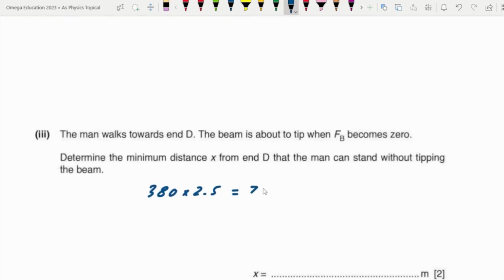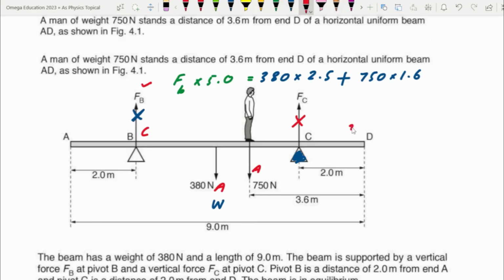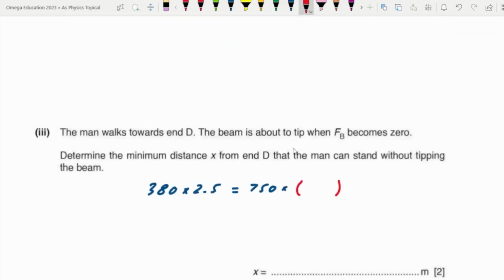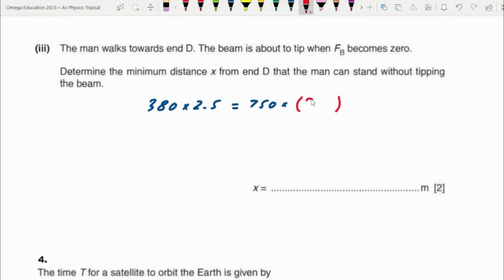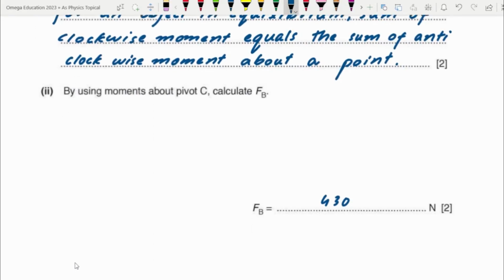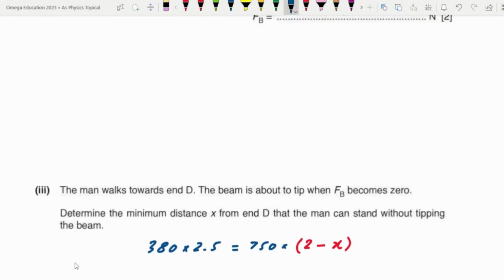First 750. Now the thing is, what is the perpendicular distance of that force from the pivot? Let's suppose here you have the distance x, the distance that the person can get close to the point D so that this beam does not fall. So the distance we can write is 2 minus x.